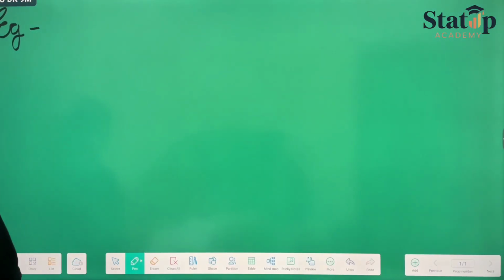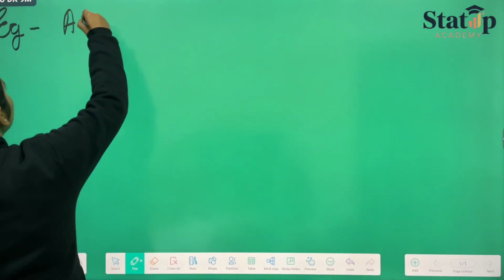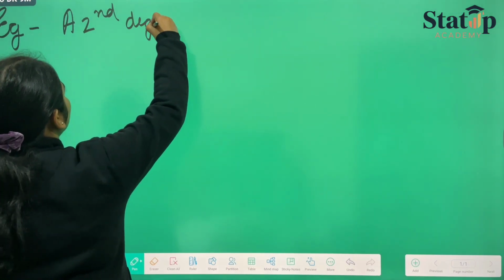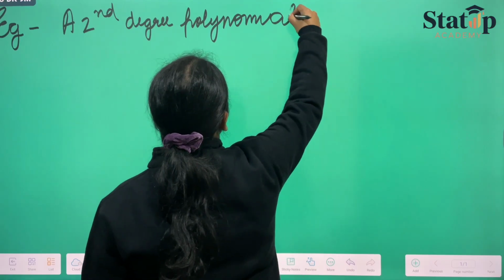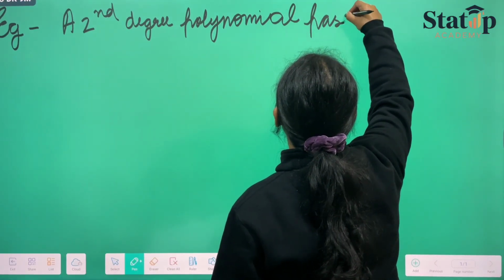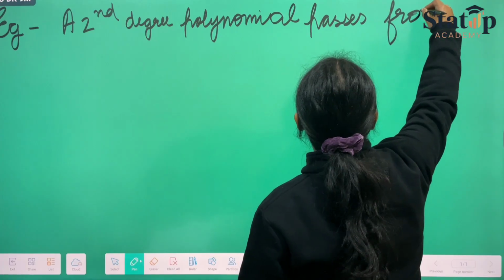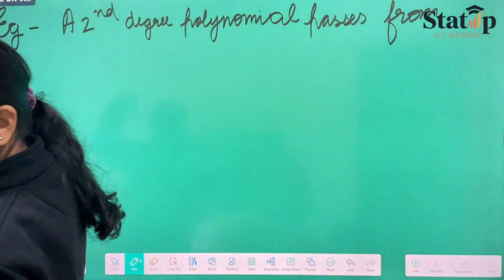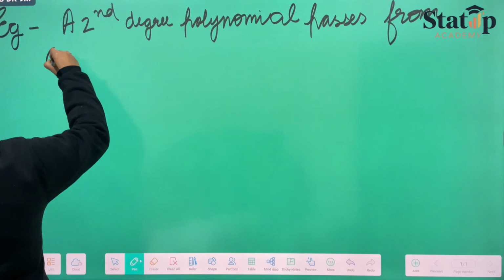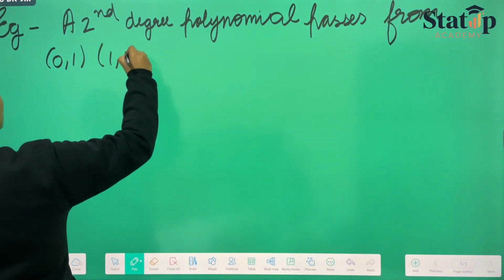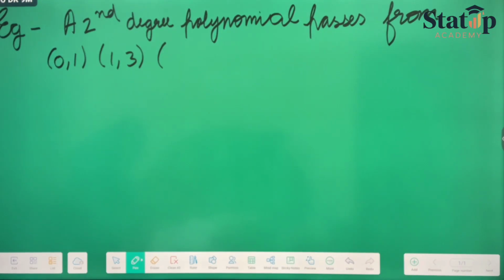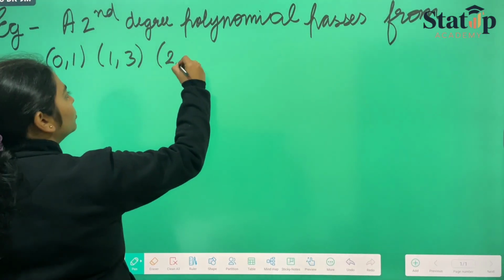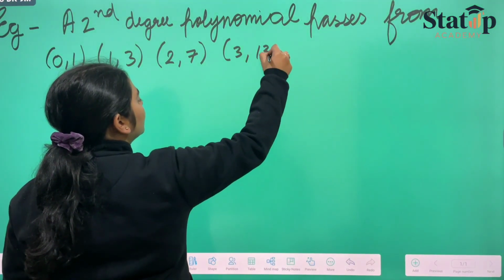In this we have been provided with a second degree polynomial. The question is: a second degree polynomial passes through the points 0, 1; 1, 3; 2, 7; 3, 13.